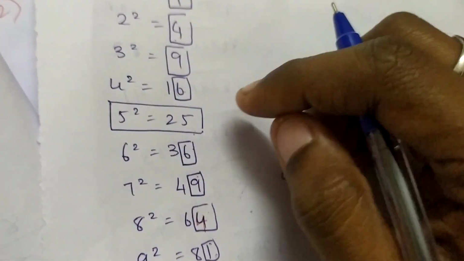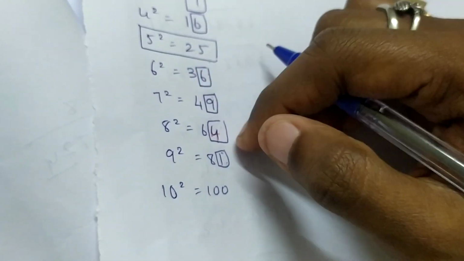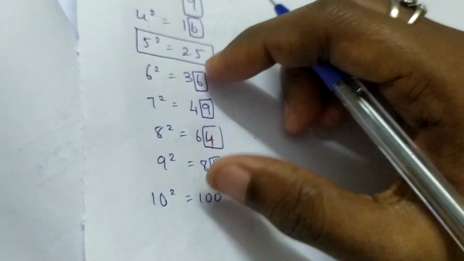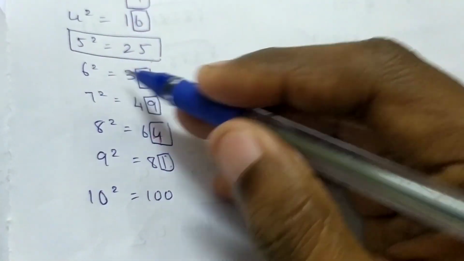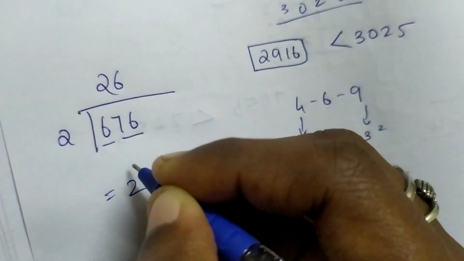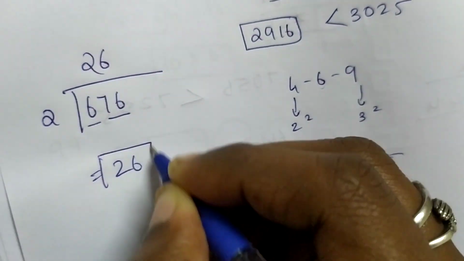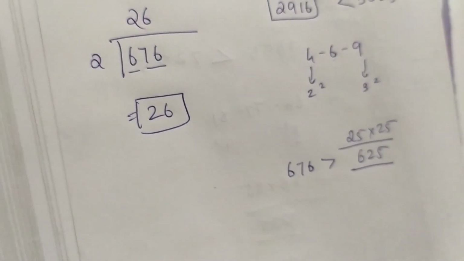So you have to consider the numbers which are greater than 5. The ending digit is 6, right? So the ending digit is 6 means it will come like 6 square. So you need to put 26. The square root of 676 is just 26. That's it. Can you understand?